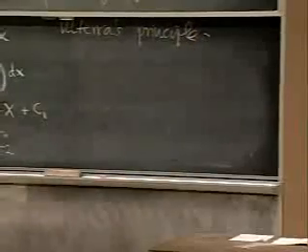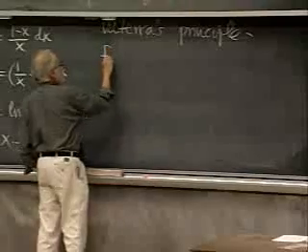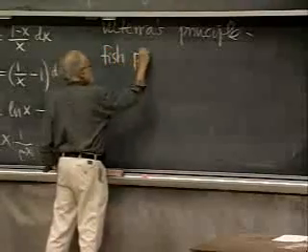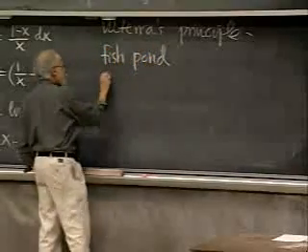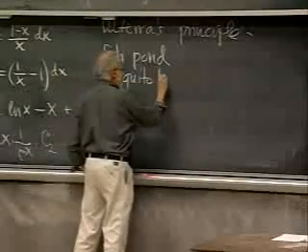Volterra's principle has found more modern applications than sharks. Suppose you consider fish in a pond. You have mosquito larvae, which breed in the pond.